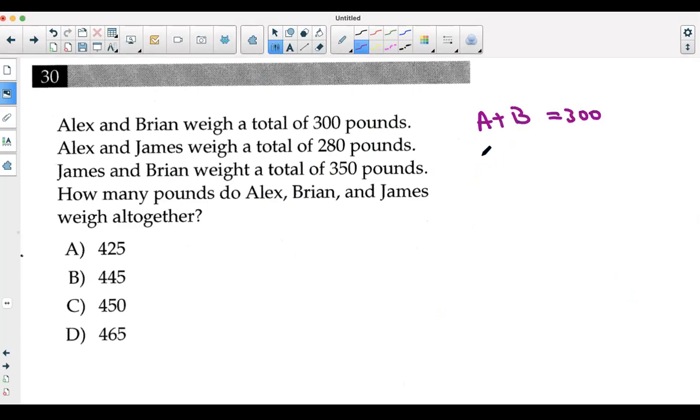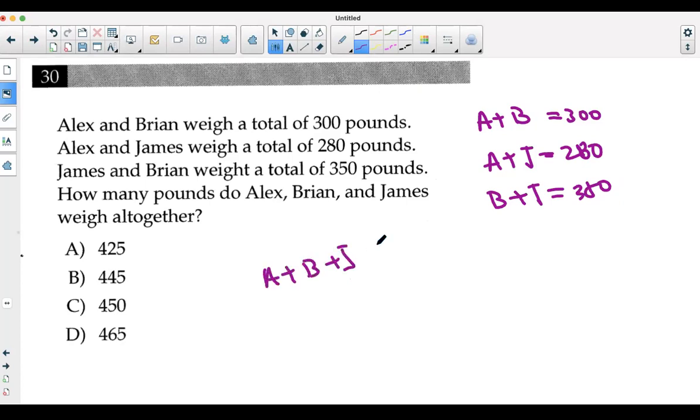This is a classic example. A plus J is equal to 280, and then J plus B is equal to 350. All right. What is A plus B plus J? Oh, wait a minute. Each equation has only two out of the three components. Oh, yeah, wait a minute. What if I add all three equations?